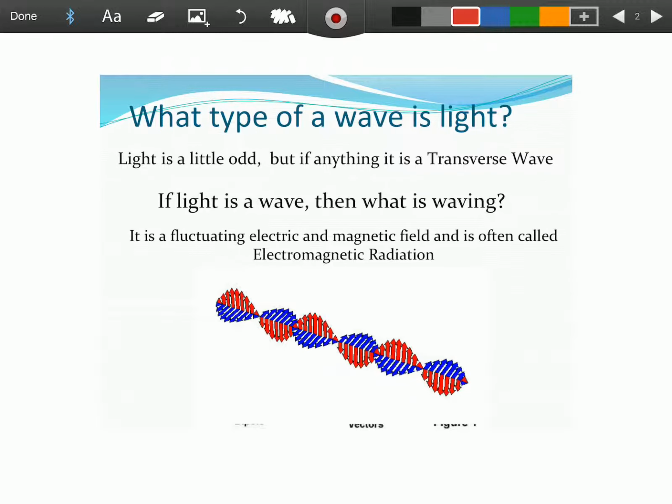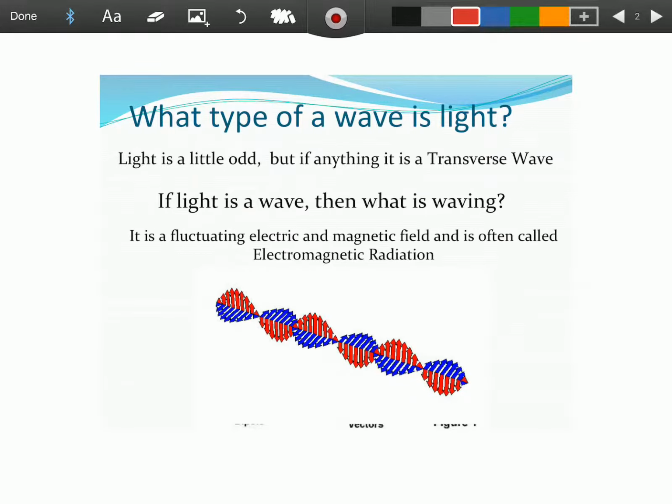Then the sound wave propagates as pressure, as compressions and rarefactions through the air, as it moves from point A to point B.